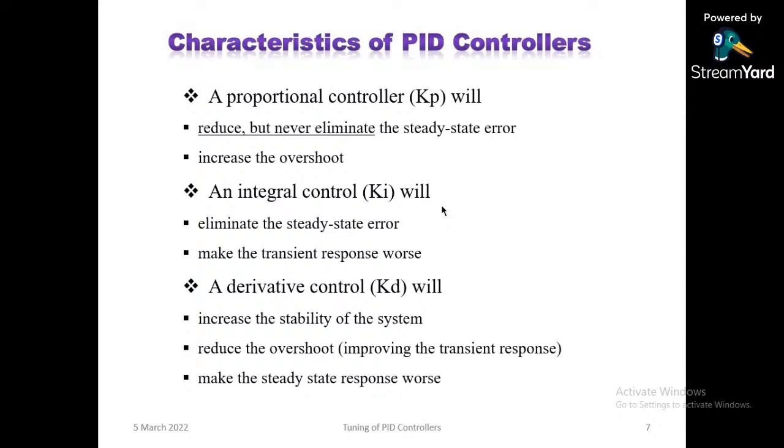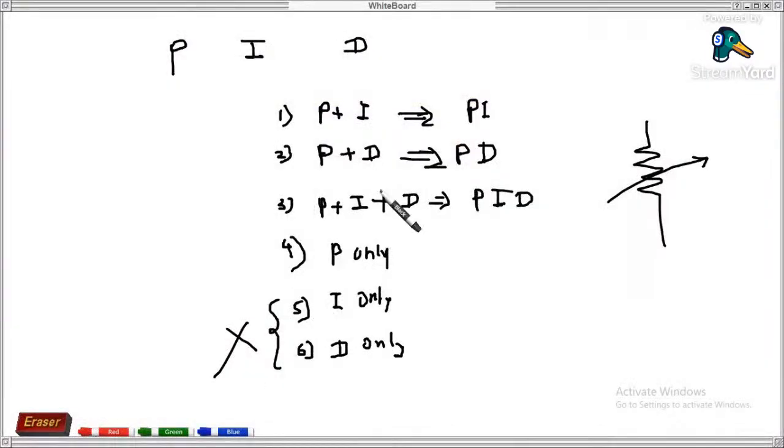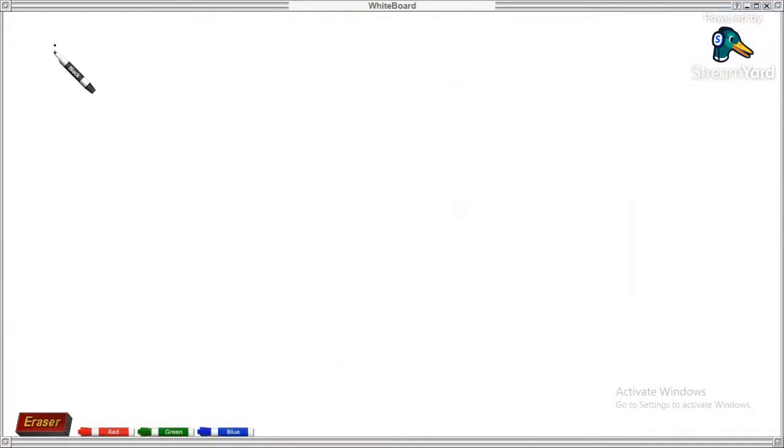If you increase more than that, what will happen? Your system will become unstable. Why? Because a few poles will shift to the right half of the S-plane. I mean, let my system's K marginal value be, let's say, 50. Okay?